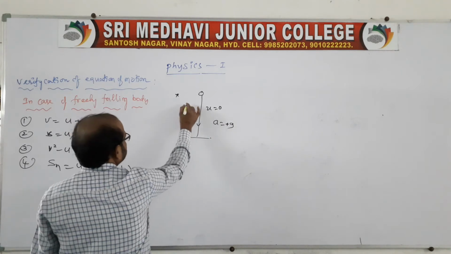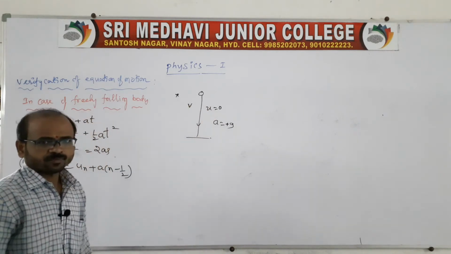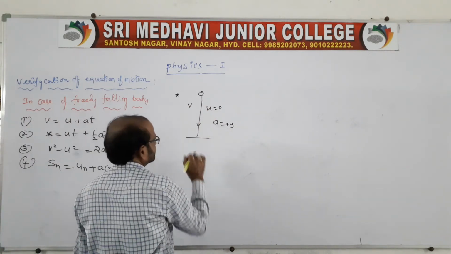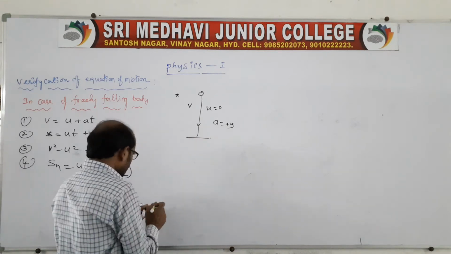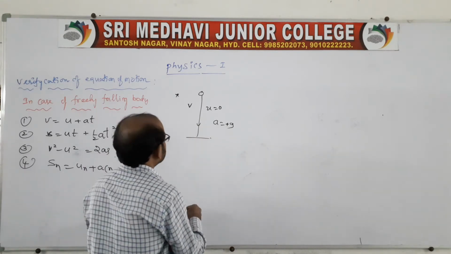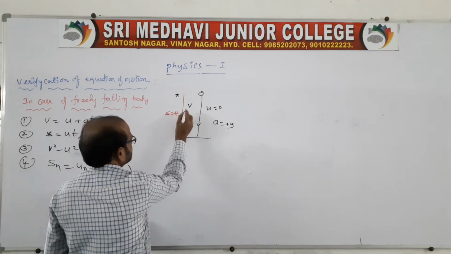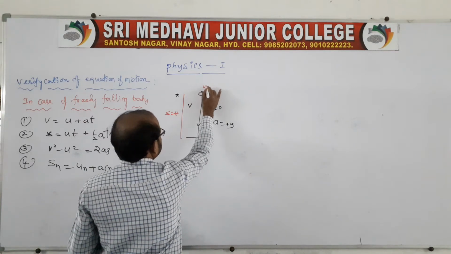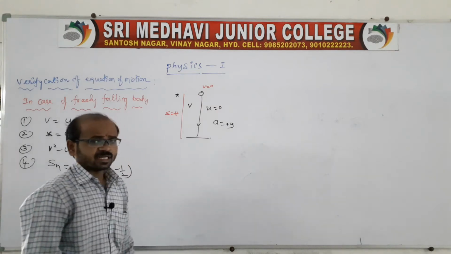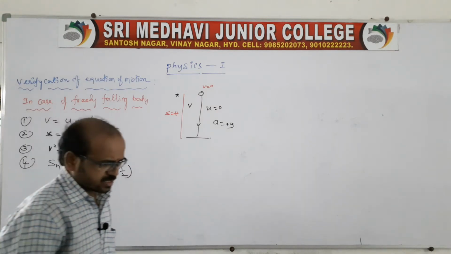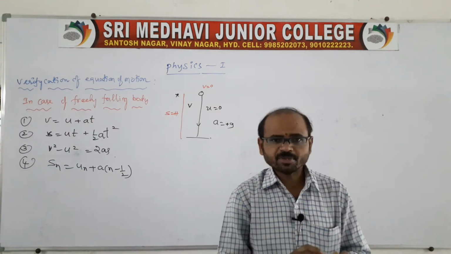Therefore, the body falls with velocity V. The body is actually coming from a maximum height, so S is equal to the maximum height. At the maximum height, the final velocity becomes 0. These are the information we should remember here.